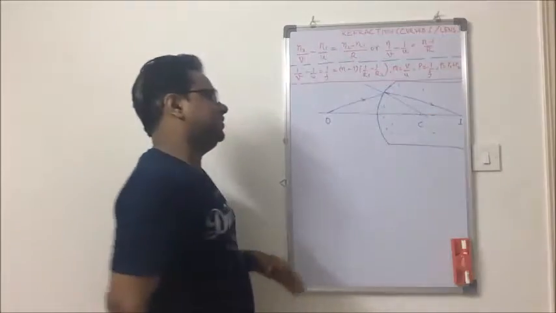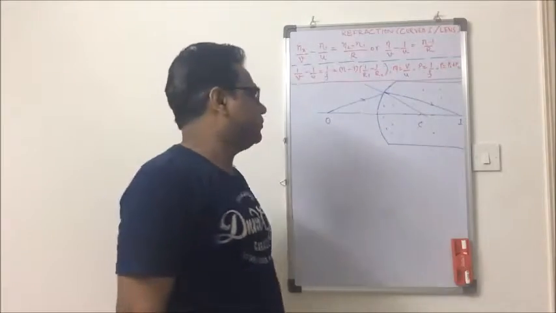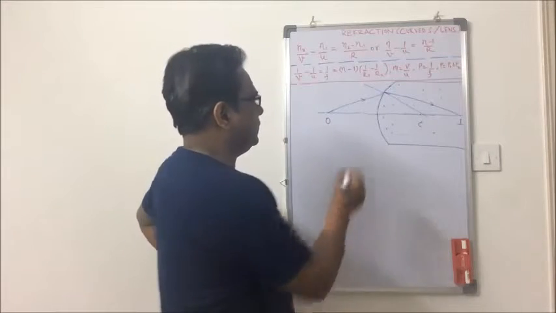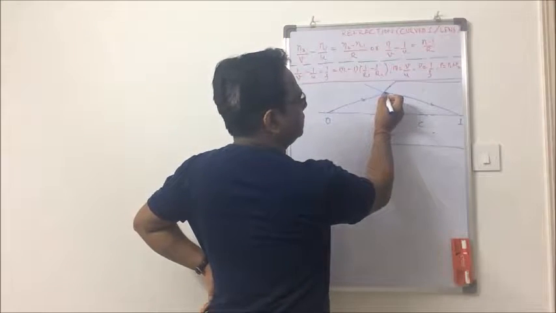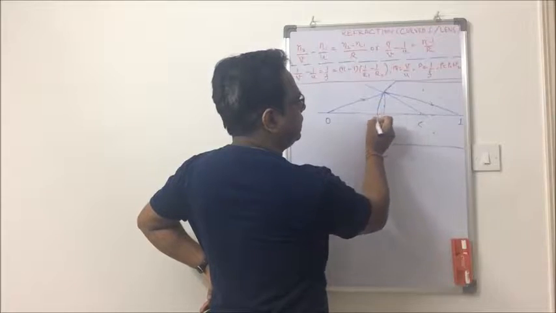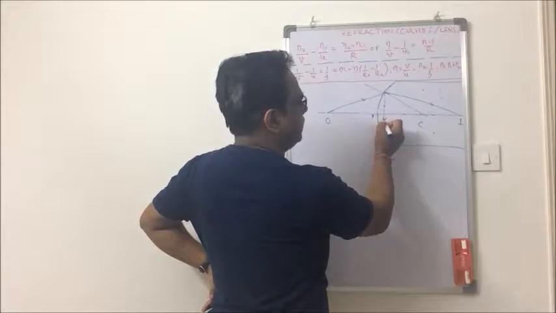This dot shows that this is a denser material. Alright, let's draw a perpendicular here. This is your P, this is your M.